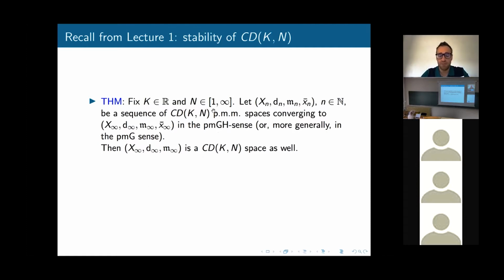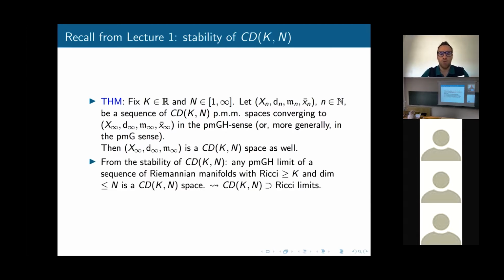We saw yesterday that for N infinite, it is more natural to consider this pointed measure Gromov convergence, while for N finite, the pointed measure Gromov-Hausdorff convergence is very natural.